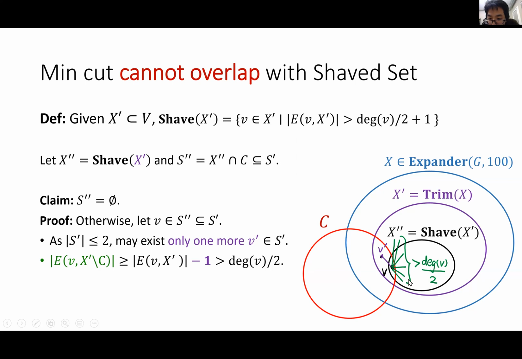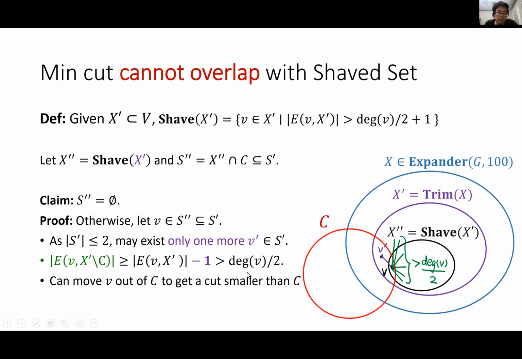Because the number of edges from V to X prime is more than degree of V over 2 plus 1, but this plus 1 only can go to V prime. Other things must cross the min cut. So that's why you have this inequality.